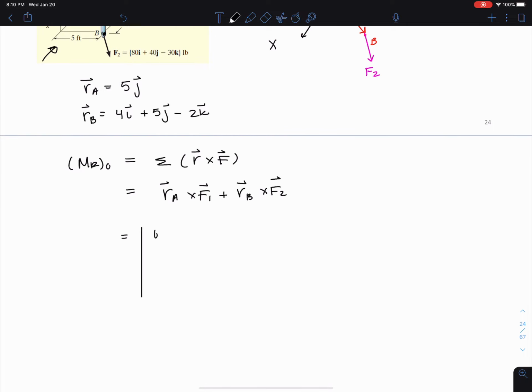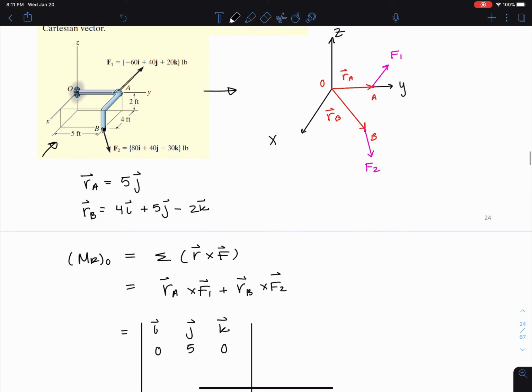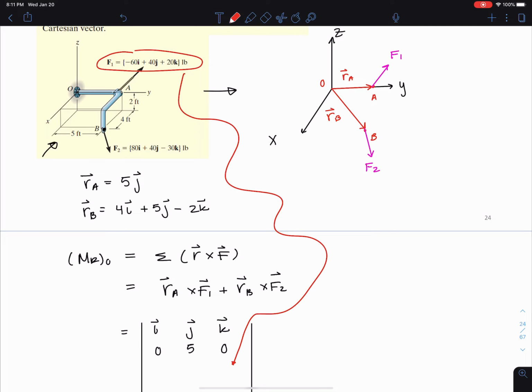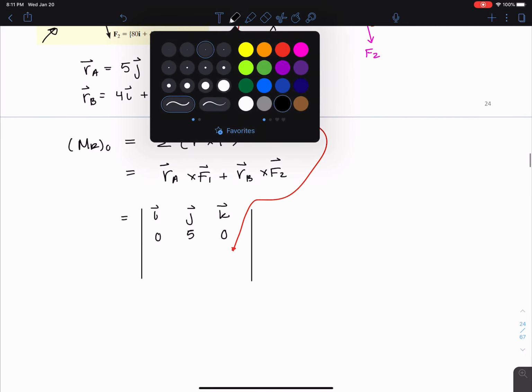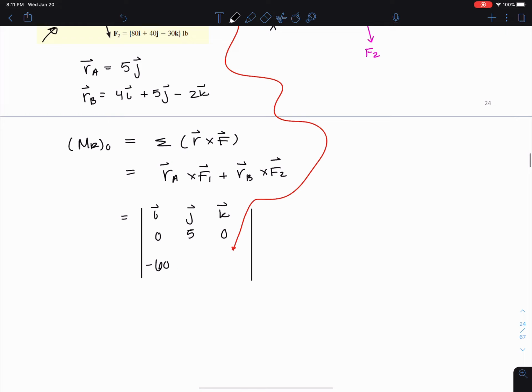So I'm going to have the i, j, k directions. I have the position vector for RA, which is 0 in the i, 5 in the j, 0 in the k. Then I'm going to directly take this F1 and plug it in right here: negative 60, 40, and 20.